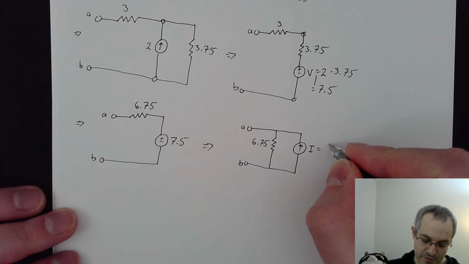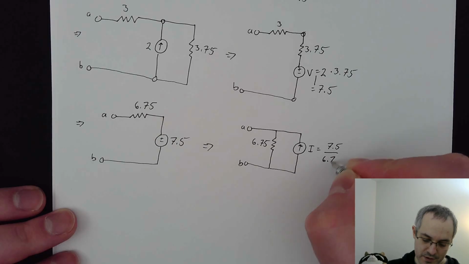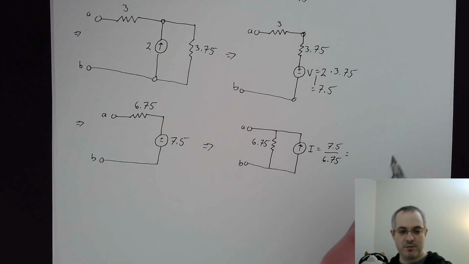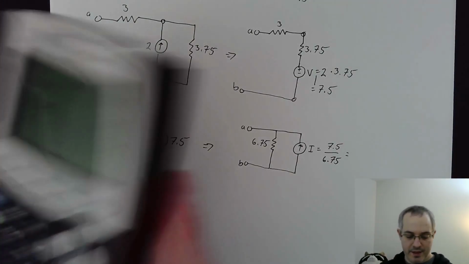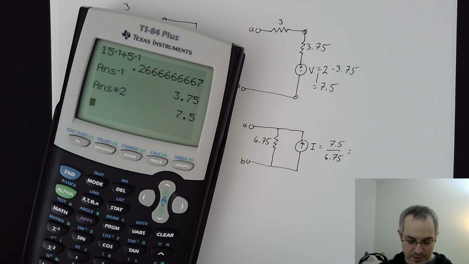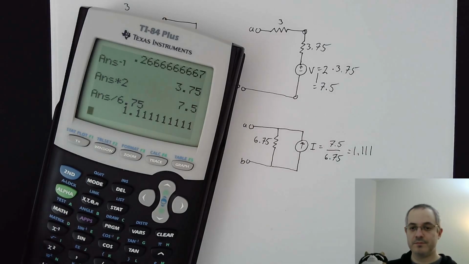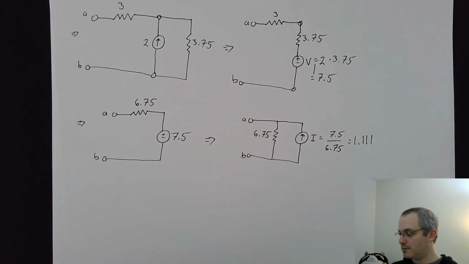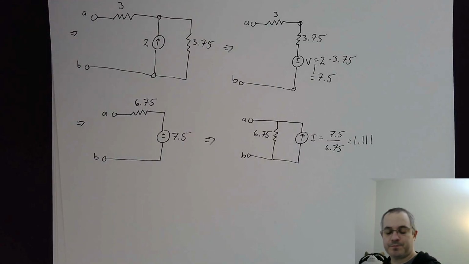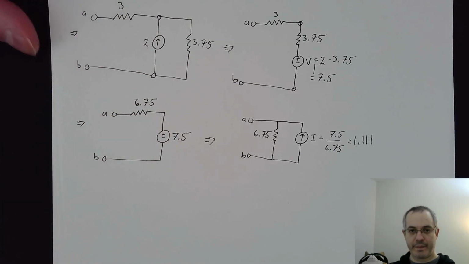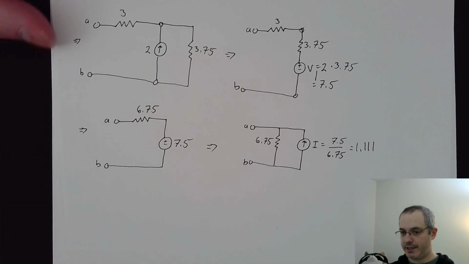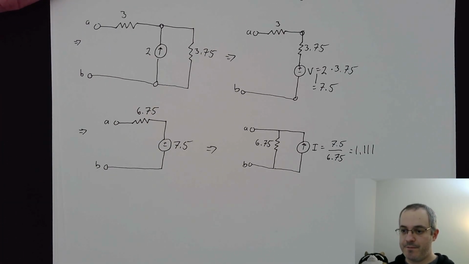I is equal to 7.5 over 6.75. What a messy number. Let's check it out. 7.5 over 6.75. Oof, 1.111. That's probably enough ones. Yikes. All right. Yeah, right on.